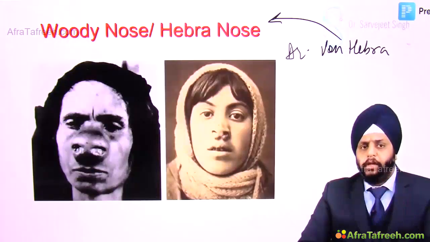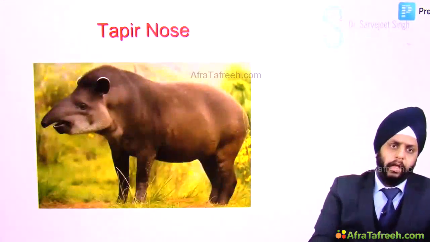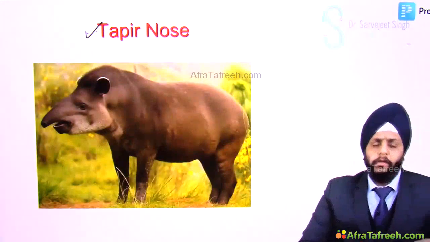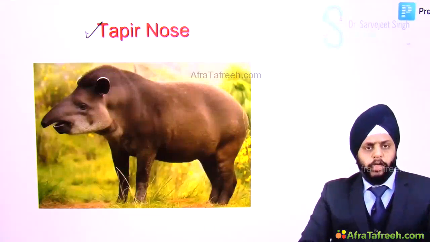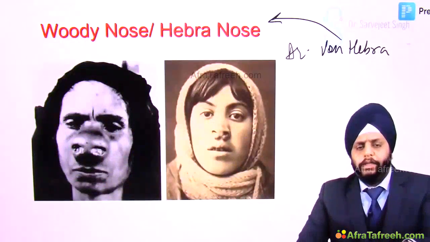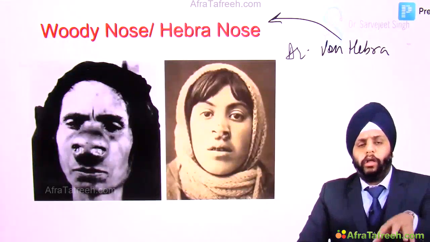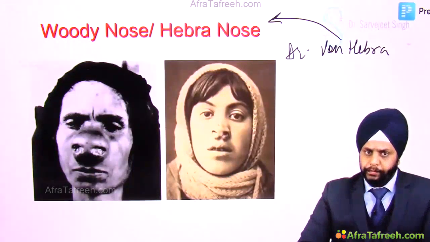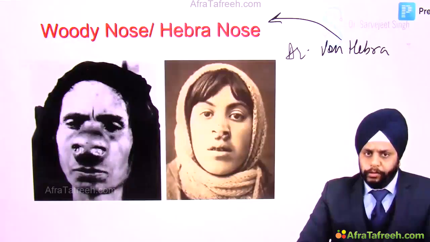This is therefore also known as tapir nose. Looks like the nose of animal tapir, so it has also been named as tapir nose. Right? So remember, woody nose, Hebra nose, tapir nose, all these three are names which have been used in the past for rhinoscleroma.